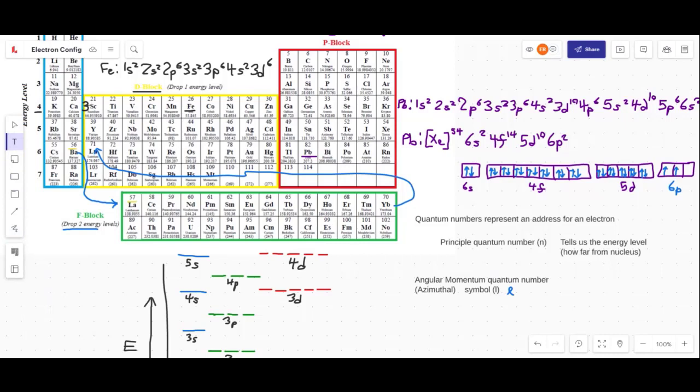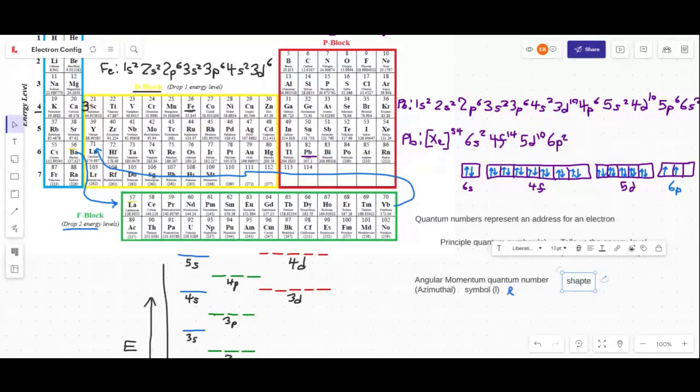And what does it tell us? Well, if you think about angular momentum, what would angular momentum tell you? Torque, well, it does, but if the electron is traveling with a particular angular momentum, that angular momentum is causing the pathway to have a particular shape.